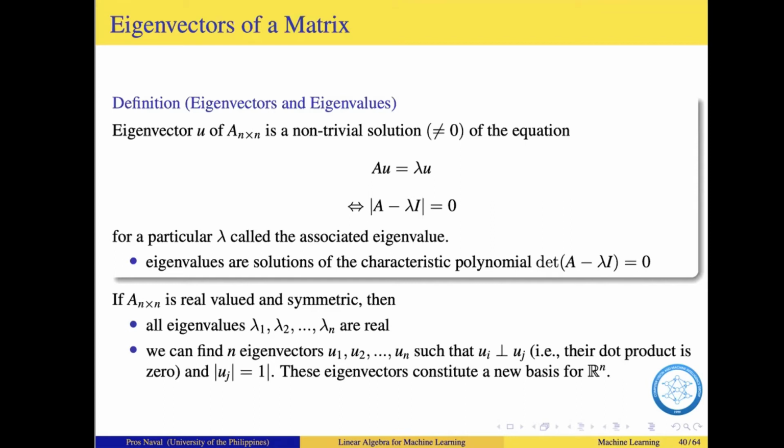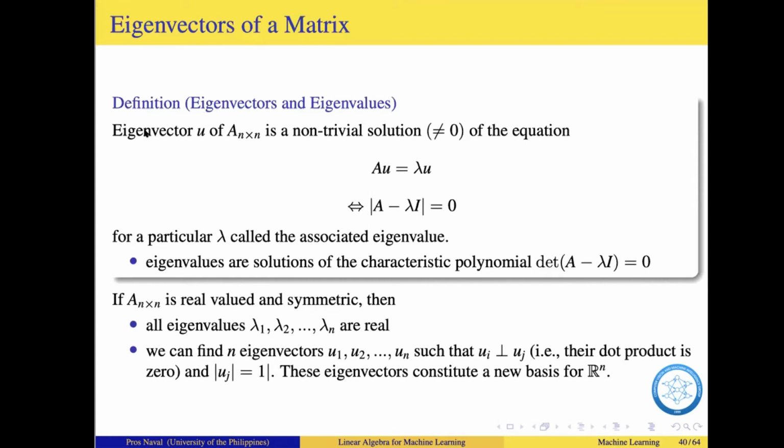In machine learning, we also use eigenvectors and eigenvalues for many algorithms. You can also use these concepts to analyze the behavior of your optimization process. While you're training your neural network, for example, if certain eigenvalues satisfy certain conditions, then the optimization process will proceed as desired.